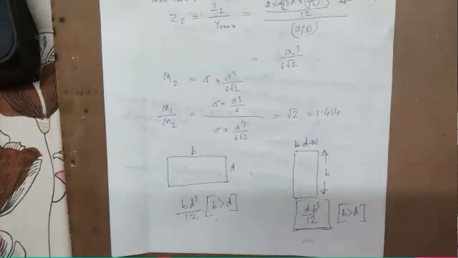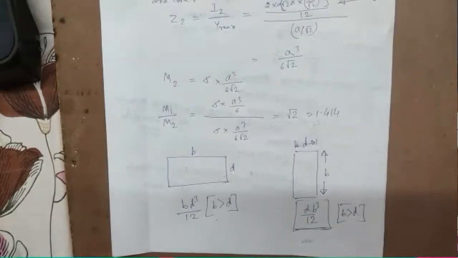As a result, the I section can support more load compared with different cross section bars of the same weight. So the moment of resistance by weight ratio is higher in case of I section. That's why in all load bearing cases like flyovers and bridges, generally I section is used.